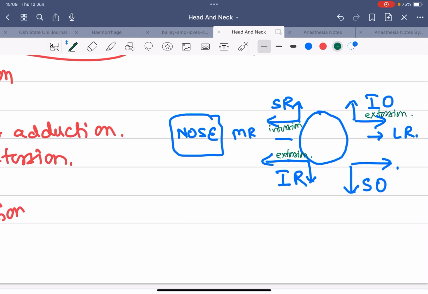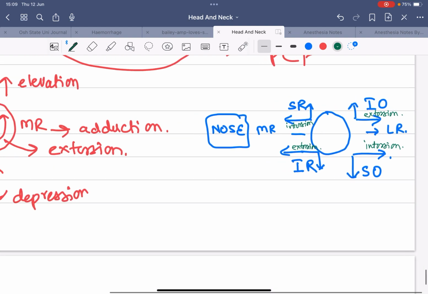So if I am going to ask you what is the action of the superior rectus muscle, you can say, sir, superior rectus elevates the eyeball upward and medially and also causes intorsion of the eyeball. Inferior oblique raises the eyeball upward and laterally, it also causes what? Extorsion also. Okay, so this is how you can easily understand the muscle actions of the eyeball.